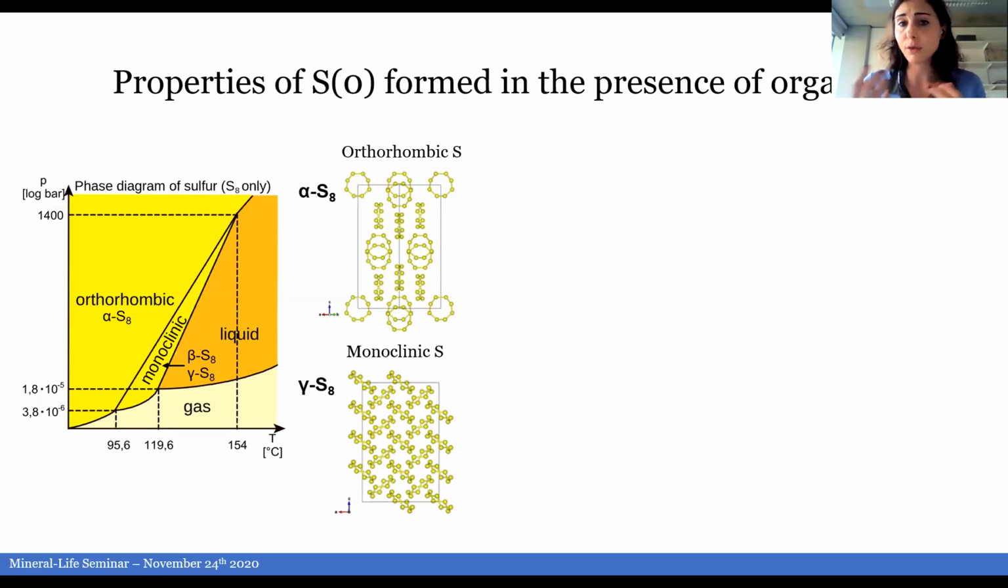You have orthorhombic sulfur, which is called alpha S8, and you have monoclinic sulfur, which is called either beta or gamma S8. So you have 2 monoclinic structures. If you look at this PT diagram, you can see that the stable phase at room temperature and pressure conditions, so below 95.6 degrees C, is an orthorhombic structure. And at higher temperature, you can have the monoclinic structures.